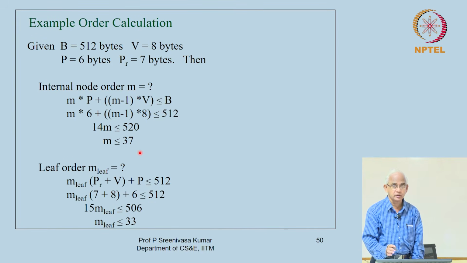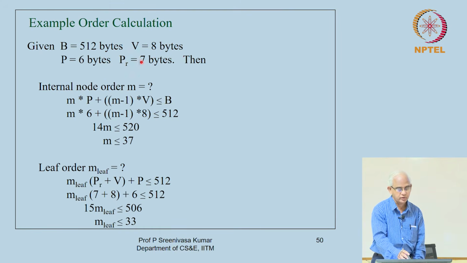Now, notice one thing here, that nowhere are we using the size of the record itself. The size of the record is not being used at all. The records are in a separate place on the disk. We are only looking at a pointer to the record and the key value, such attribute value.